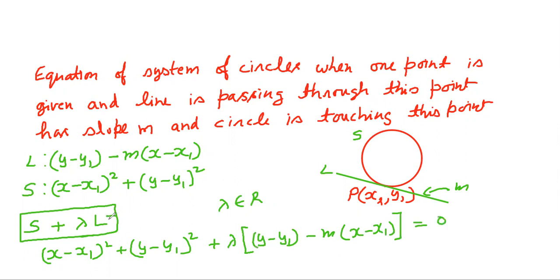S plus lambda L equal to 0. So this is the equation of this system of circles. Now we want to know another system of circles.